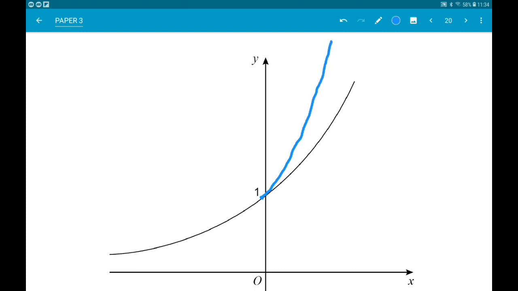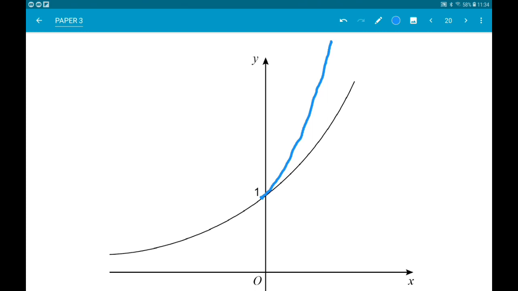Now to the left, when x is negative, remember that means 1 over the number to the power. So 3 to negative powers gets smaller quicker than 2 to negative powers.